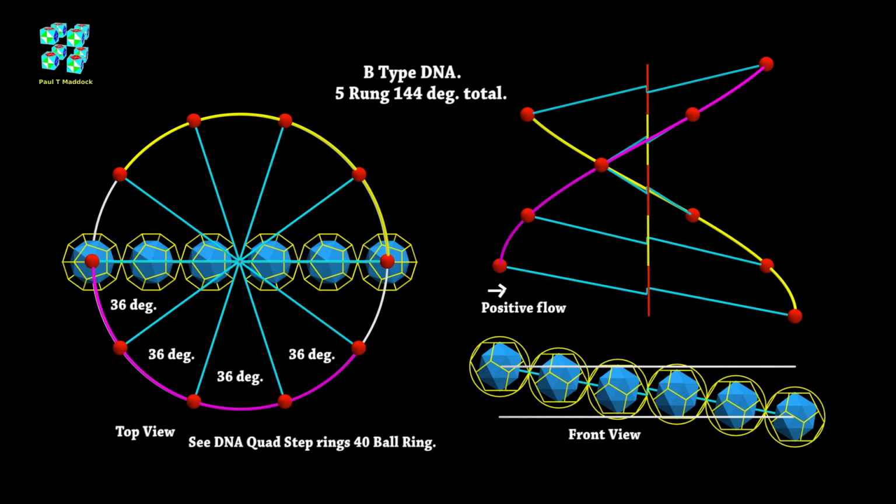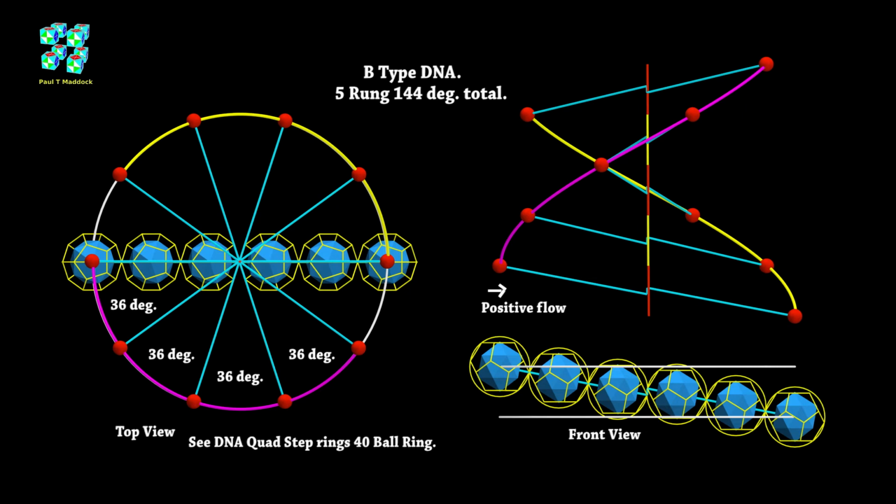So that's why you get the 36 degree angle. I'm showing this B-type DNA as 5 rungs with a total of 144 degrees. That's 36 degrees times 4. And also, very similar to A DNA, the rungs are going around in a positive flow.